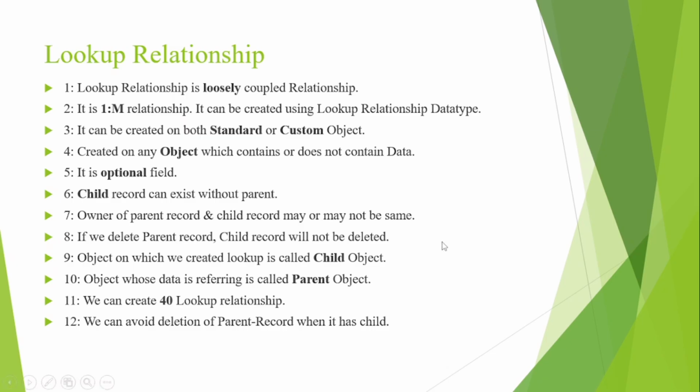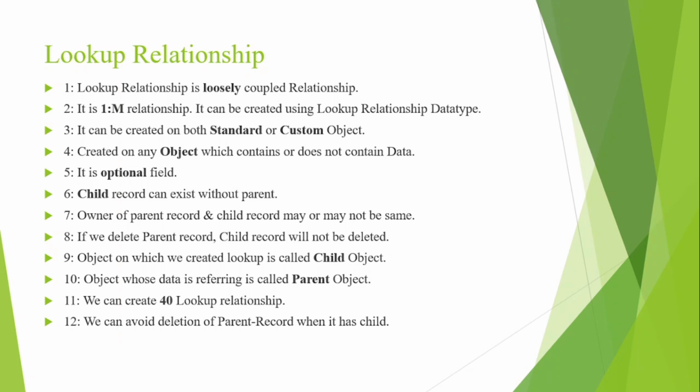So just see this PPT also. We are going to see the difference between master detail relationship and lookup relationship. Here lookup relationship is a loosely coupled relationship. So when we are creating a record in the lookup relationship, it is not mandatory.